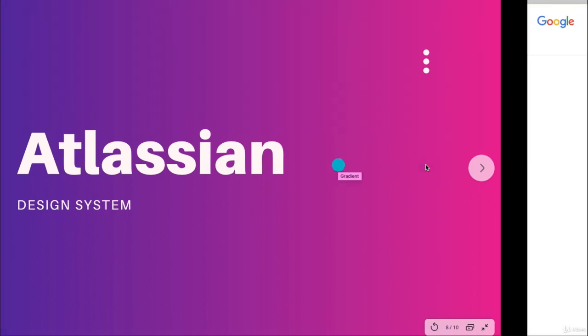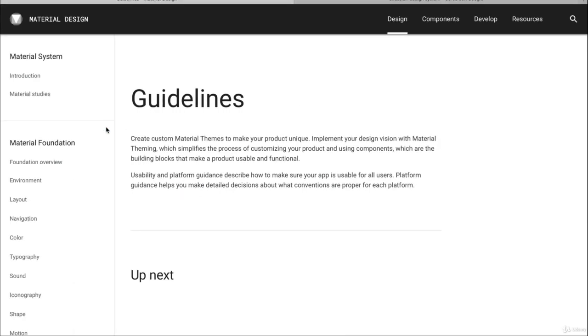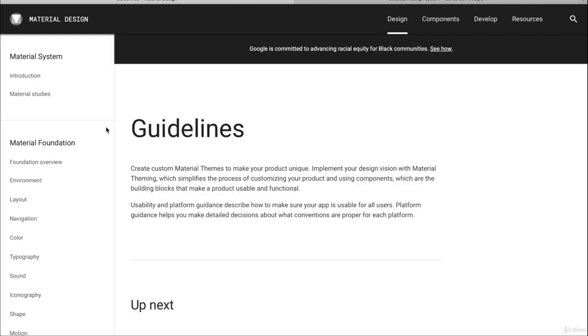So I'm gonna leave these almost as references, since there really is a lot when it comes to Google Material Design, but it's safe to say that these are very much the industry standards, and they're really big in the design community when it comes to design systems and guidelines.